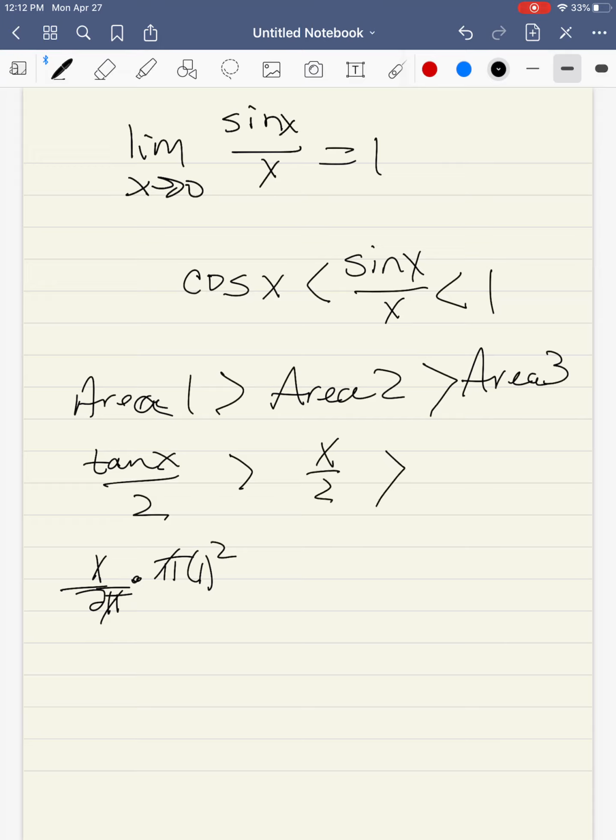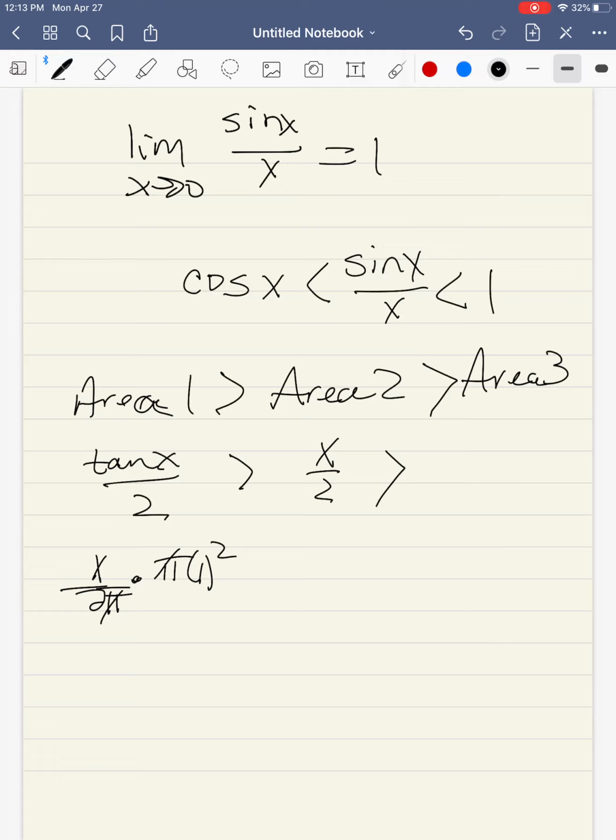And then we have the last triangle. The last triangle, the radius OC is 1, but OA is also 1. And OA is the hypotenuse for the triangle ADO.